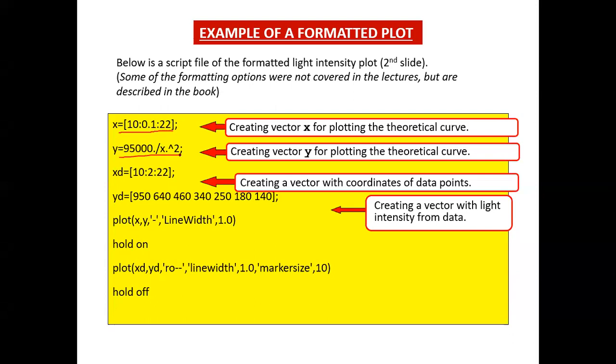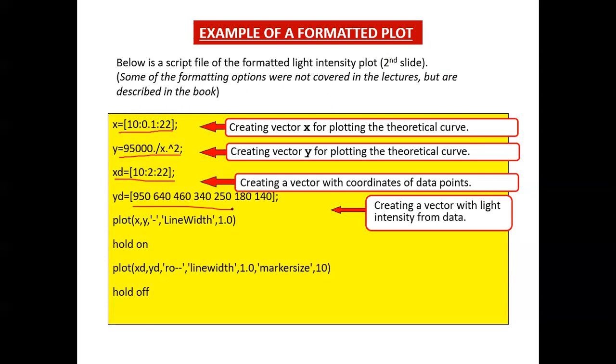Then we create the vector with the coordinates of the data points, xd, from 10 in steps of 2 to a maximum of 22. So this is the coordinate values of the data points. Then yd is the vector of light intensity from the data.